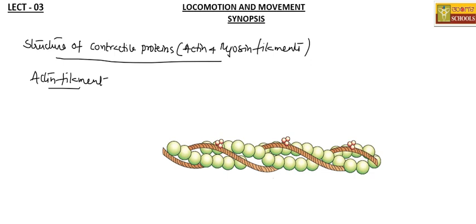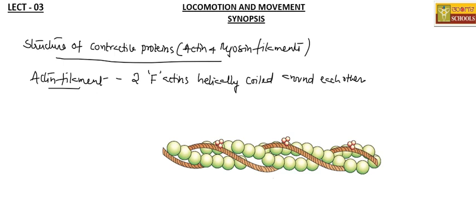So the actin filament consists of two F actins helically coiled around each other, right? In this case the F stands for filamentous.